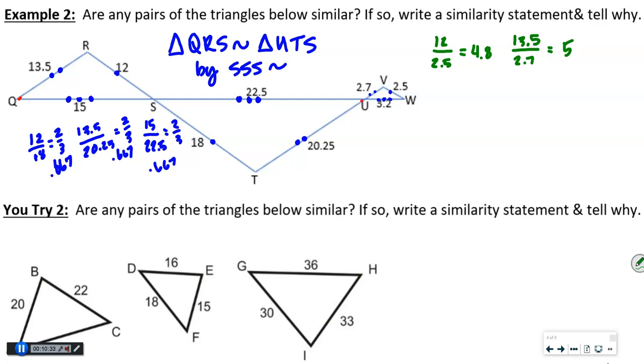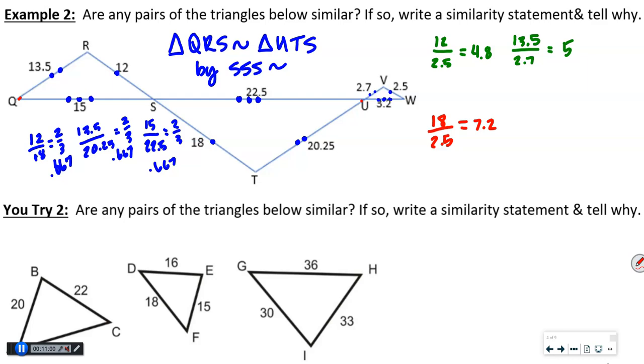So we could do the same thing with the middle two, but I'm guessing that it's not going to work either. Let's go ahead and try it, though. We're going to do 18 over, it's our smallest, over 2.5. That is 7.2.